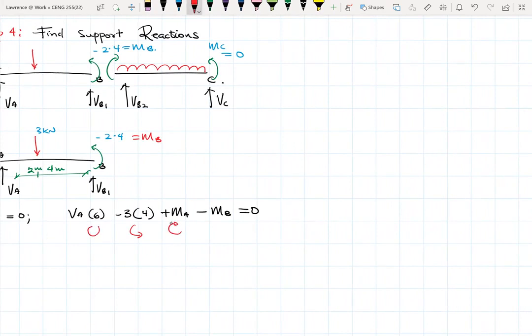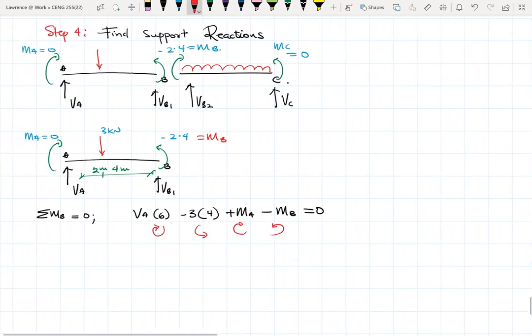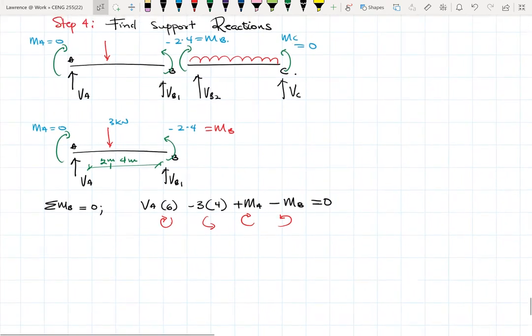MA is clockwise. MB is counterclockwise. So MB is negative, the same with the load, because they are counterclockwise, and then the clockwise are positive. You can interchange the directions. It's entirely up to you. At least this approach helps us to appreciate what goes on.